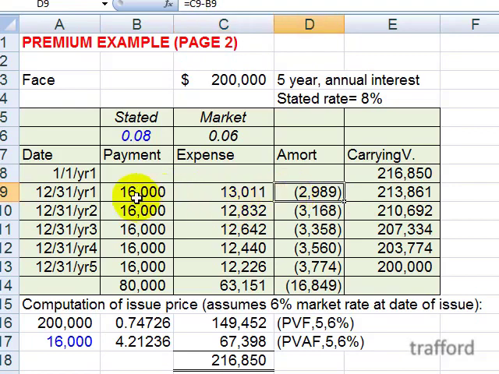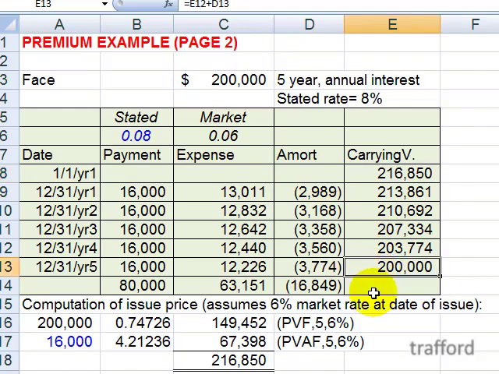Amortization is just the difference between amount paid and interest expense recorded. It doesn't really matter whether you have brackets around it or not. What you know is this is the amount by which your carrying value has to change. You stop and ask yourself, should my carrying value be getting larger or smaller? Well, it started out at $216,850, the issue price.